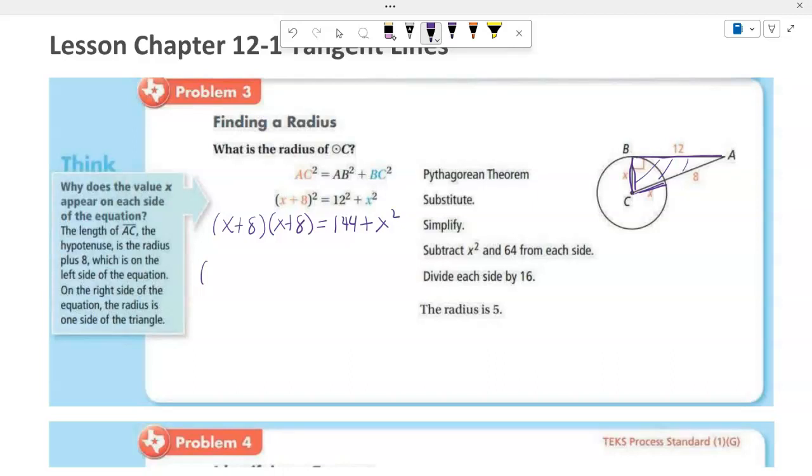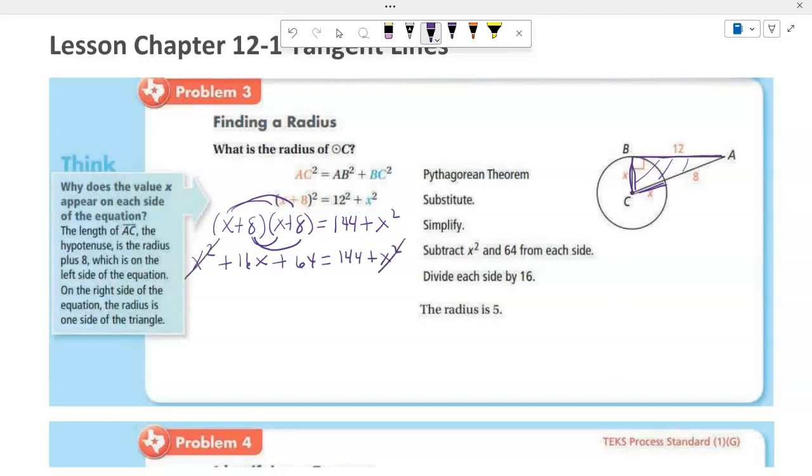Now, in order to multiply x plus 8 and x plus 8, you're going to have to use the FOIL method. X times x gives you x squared. X times 8 gives you 8x, and 8 times x gives you 8x, so that's 16x. Then 8 times 8 is 64. So it's 144 plus x squared.